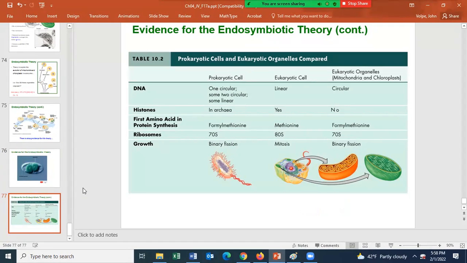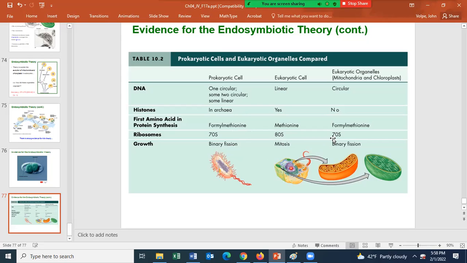There's some other evidence too. The growth of eukaryotic cells is by mitosis, but the growth of the prokaryotic cell is by binary fission. The growth of the mitochondria and the chloroplast are by binary fission. The ribosome of a eukaryotic cell is 80S. The ribosome of a prokaryotic cell is 70S. The ribosome of a mitochondria and chloroplast is 70S.